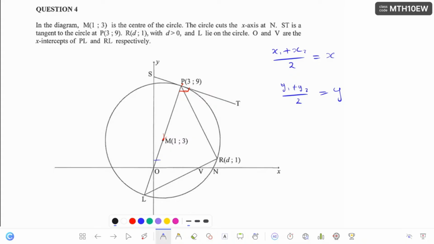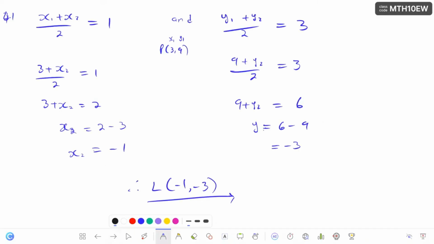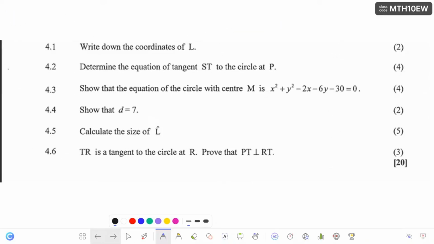We already have the coordinate of M, which is the center of the circle, and we already have P. We can work with that to find the equation of the circle. The equation of a circle is given by x minus a squared plus y minus b squared is equal to r squared.